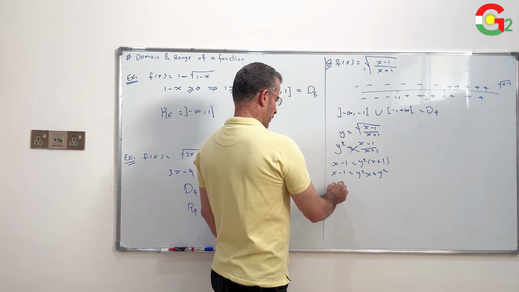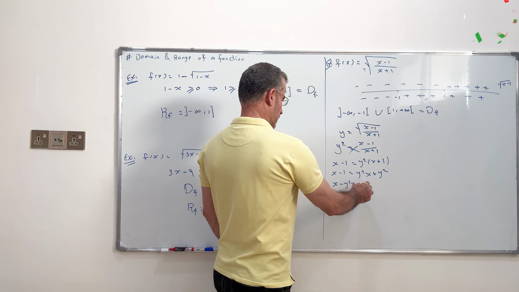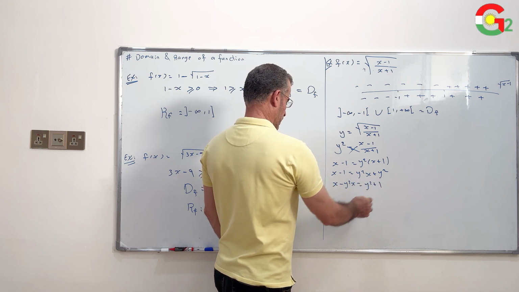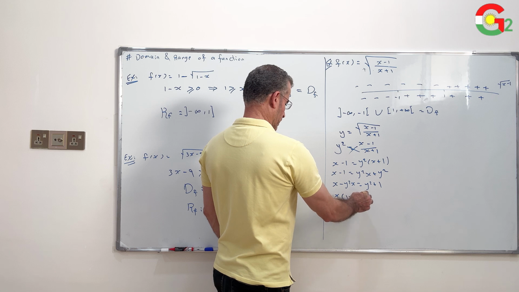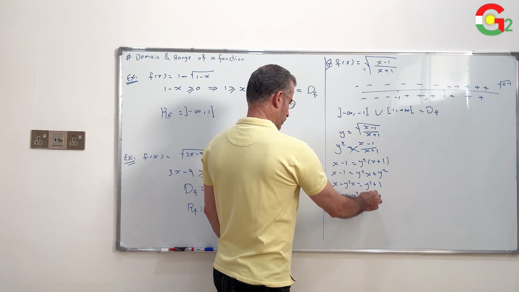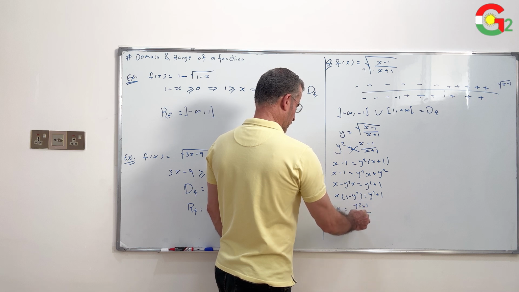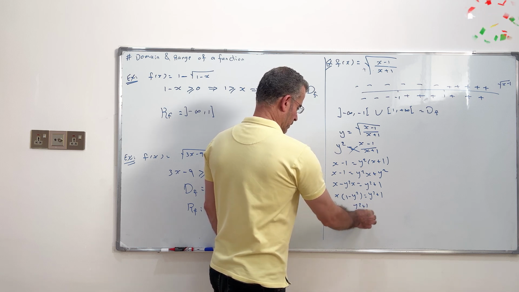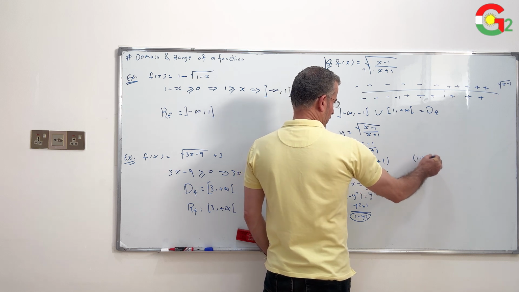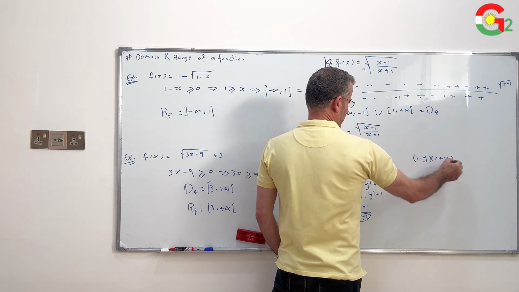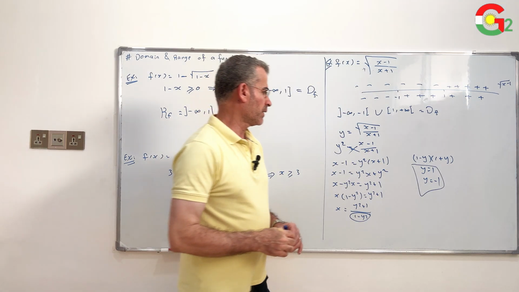Set the terms with x on the same side: x minus y squared x equals y squared plus 1. Factorize by x, 1 minus y squared, equals y squared plus 1, then x equals y squared plus 1 over 1 minus y squared. Difference of two squares, 1 minus y, 1 plus y equals 0, y equals 1, y equals negative 1.